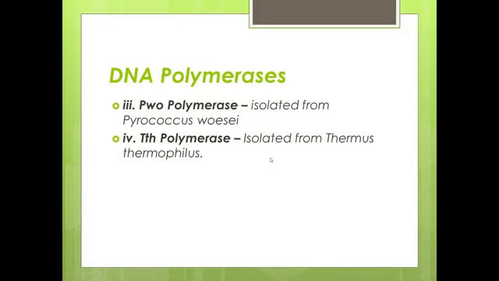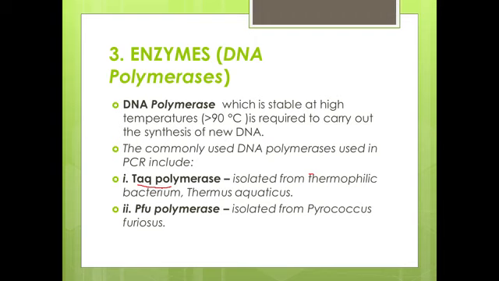We can use any type of polymerase, and there are many more polymerases as well. Apart from these four, these polymerases differ from each other with respect to their fidelity, that is, the error rate, or their exonuclease activity. But the most common polymerase that is being used in polymerase chain reaction is Taq polymerase.